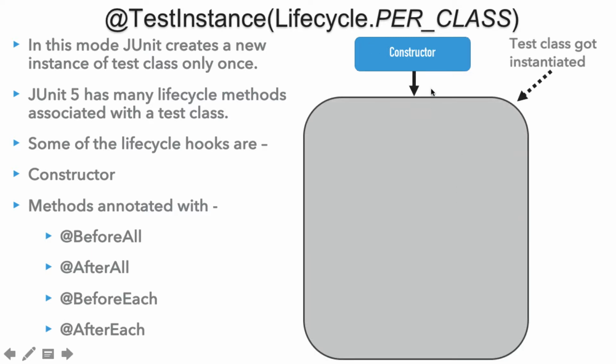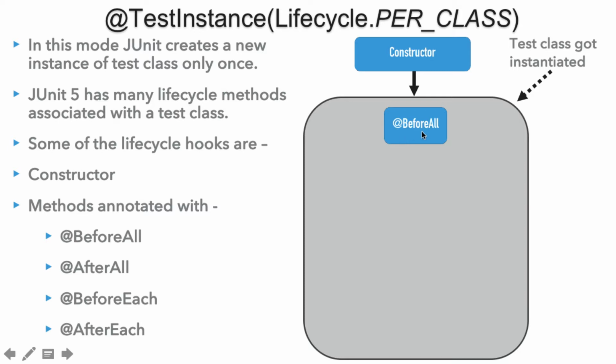And after calling the constructor, we know that our test class has been instantiated. Just after executing the constructor, the @BeforeAll annotated method gets executed. Here @BeforeAll is not a static method. It's an instance method which gets executed before every other method.